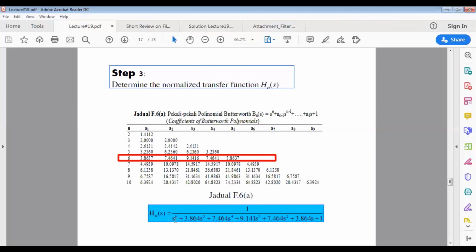So we are supposed to get s^6 plus 3.864 s^5 plus 7.6464 s^4 up to 3.864 s plus 1. This is to obtain the normalized transfer function when we consider n equals 6.